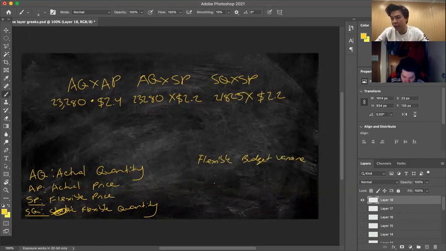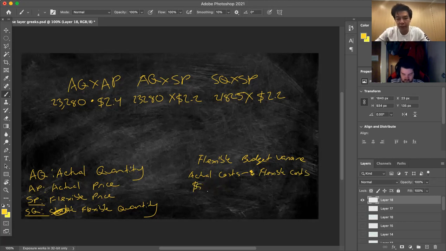And that variance is going to be actual cost minus flexible cost. Which is 55,872, which is really bad handwriting. 55,872 minus 48,015.